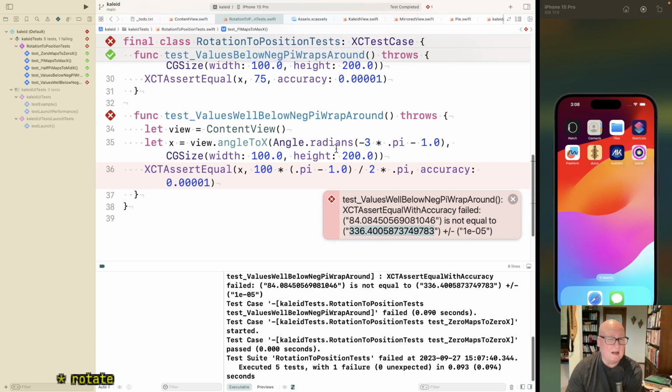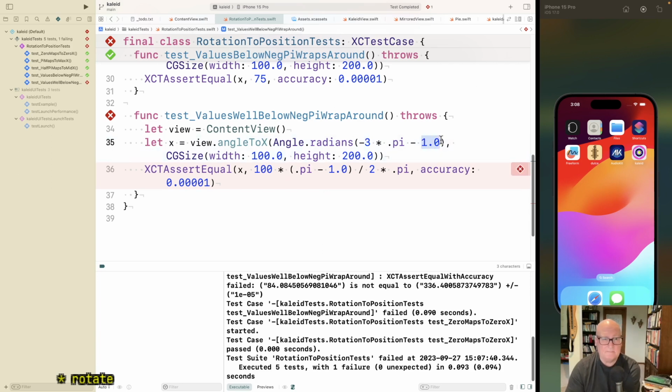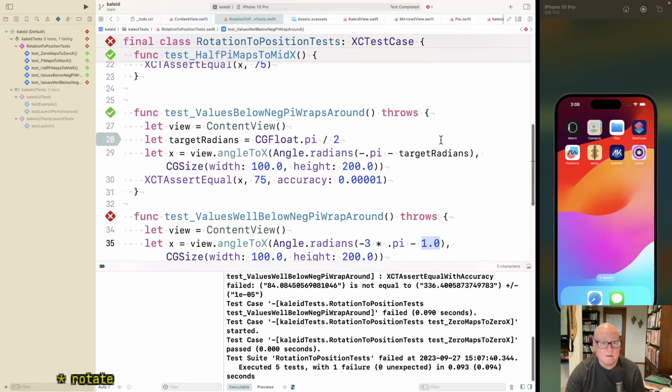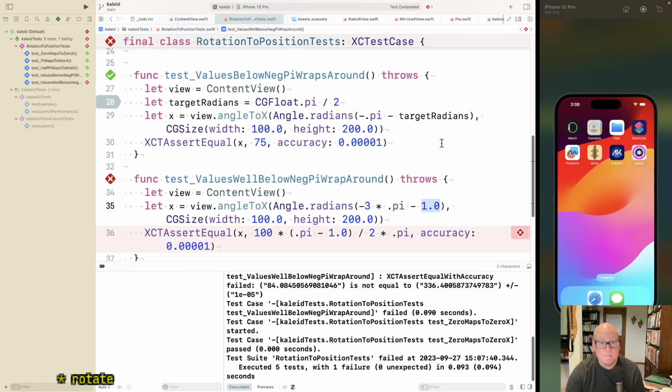Okay, so I'm gonna use minus 3 pi minus, let's subtract pi over 2 again. Is that what we used here, right? Target radians. Well, let's do the same thing.